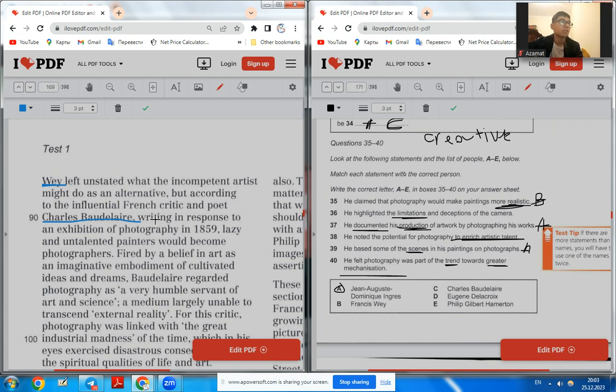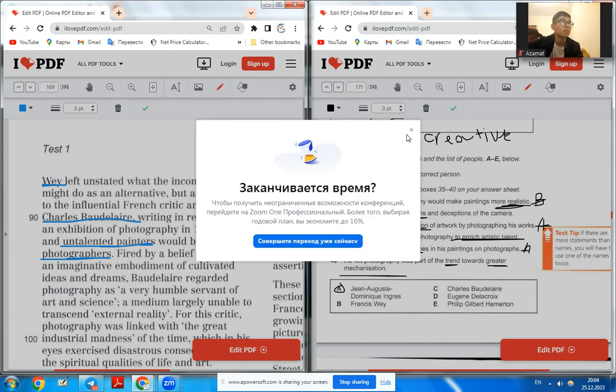Him writing in response to an exhibition of photography in 1859: lazy and untalented painters would become photographers, fired by a belief in art as an imaginative embodiment of cultivated ideas and dreams.